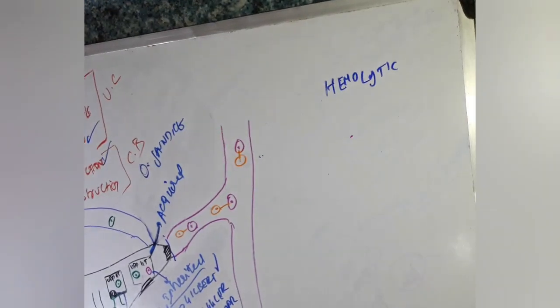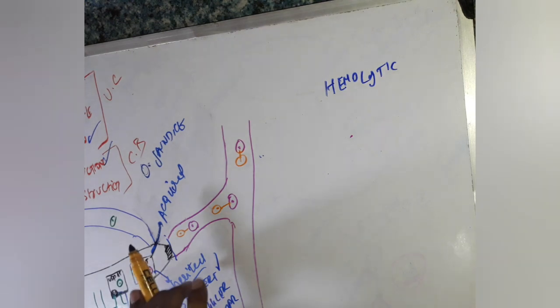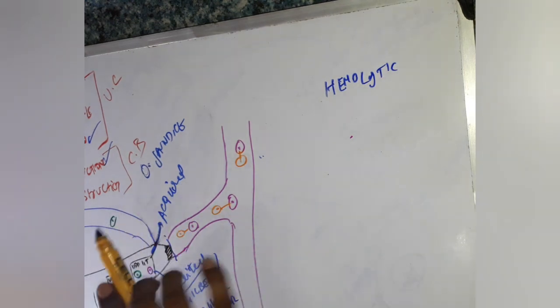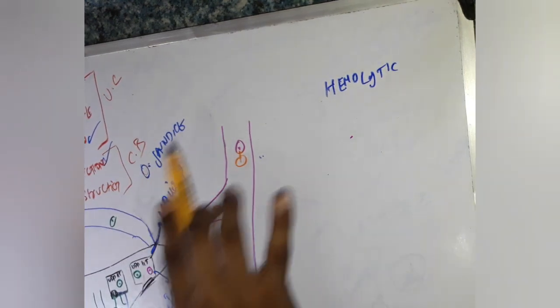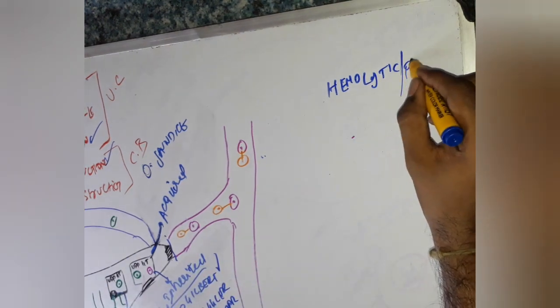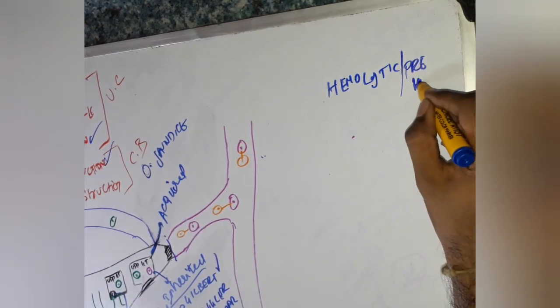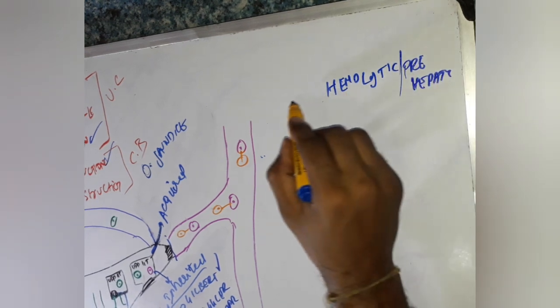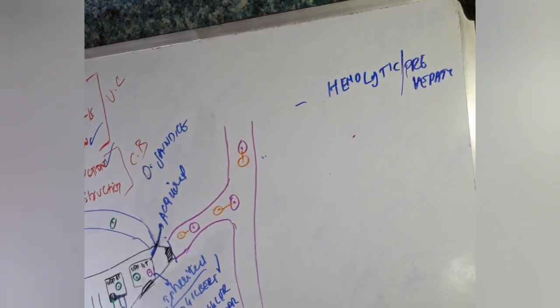Since it occurs before it reaches the liver, my breakdown occurs in my blood. So what happens? I am not reaching the liver. Before that itself my defect arises. So I call it pre-hepatic. Fine. So hemolytic or pre-hepatic jaundice.